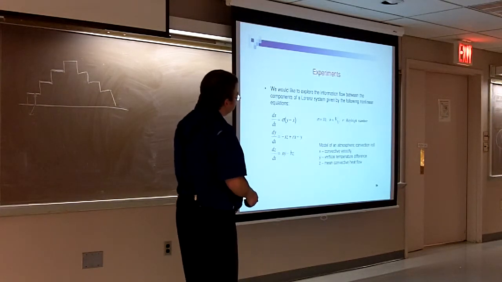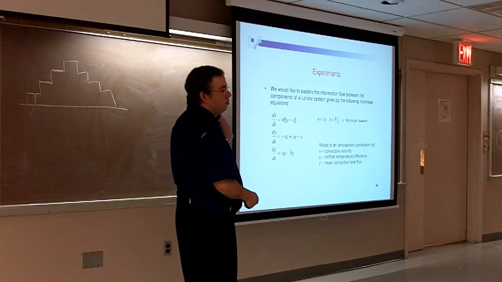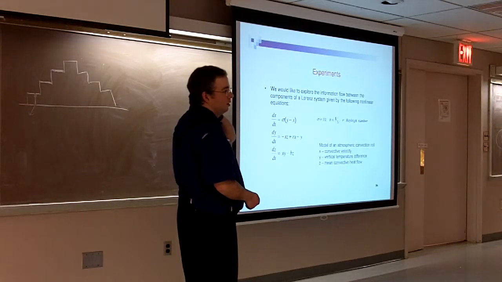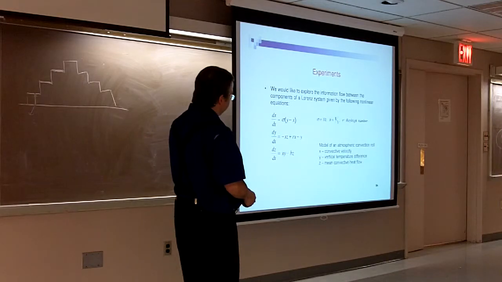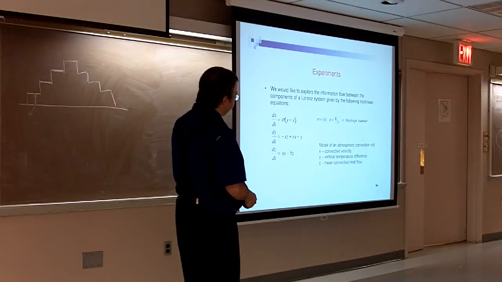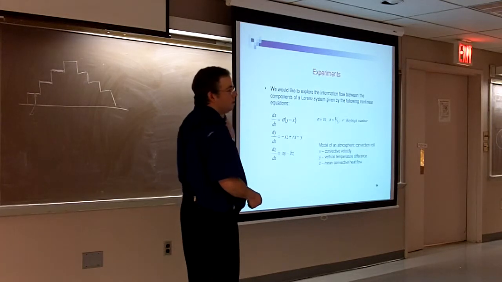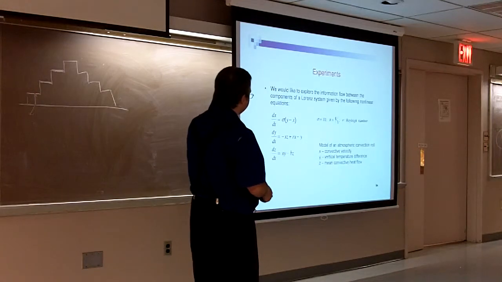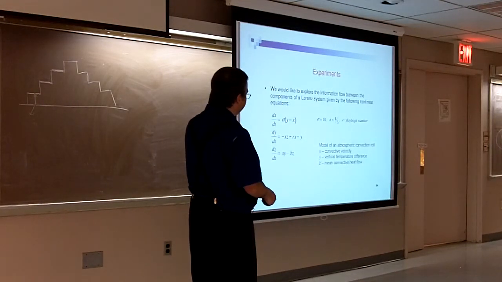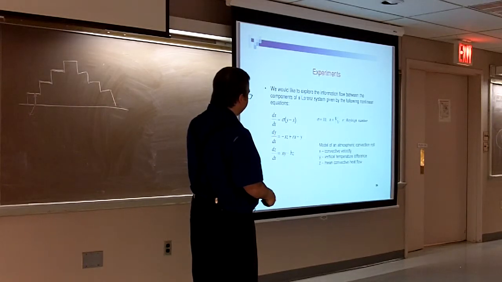Now, the Lorenz equation, we apply this to the Lorenz equation, which is nonlinear, as you know, and it is a model which is used in climatology and is a very simplistic model. Here X denotes the convective velocity, Y denotes the vertical temperature difference, and Z denotes the mean convective heat flow.